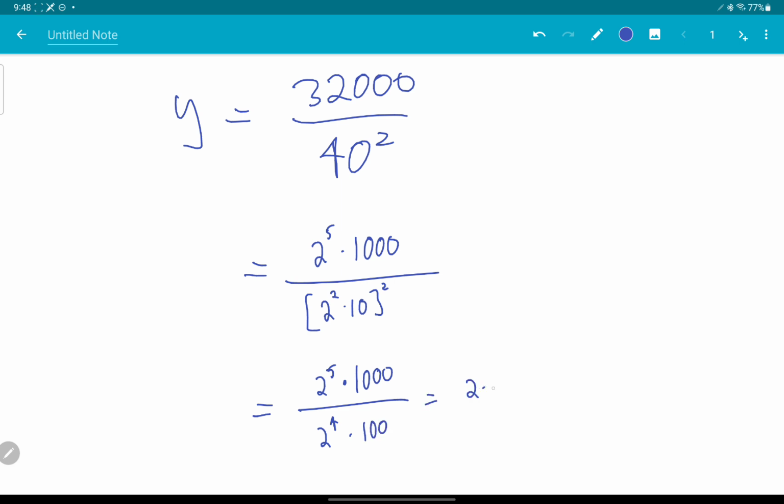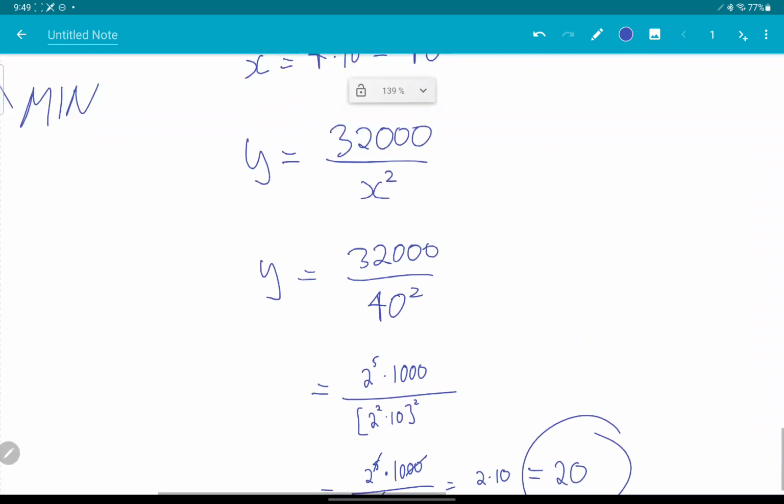So what does that give me? 2 times 10. This cancels this. The 100 kills my zeros here. So 20 is my y.